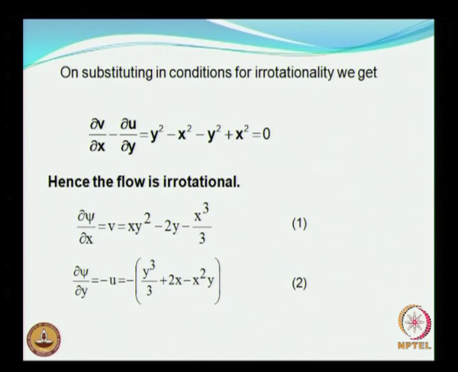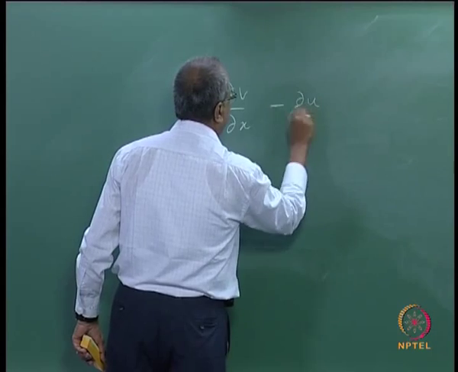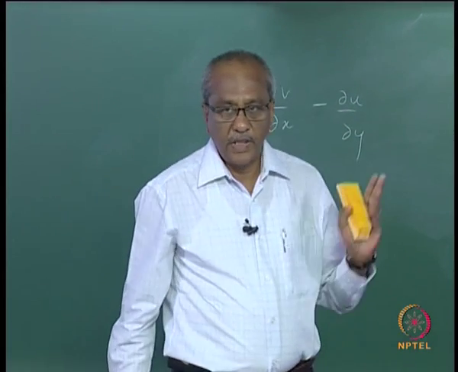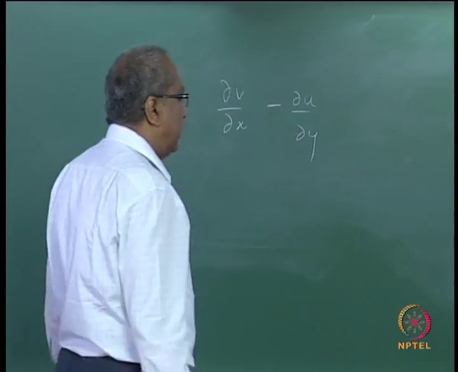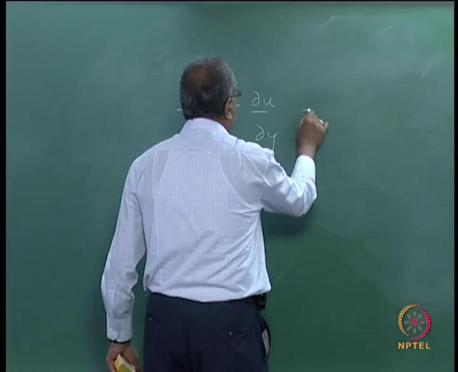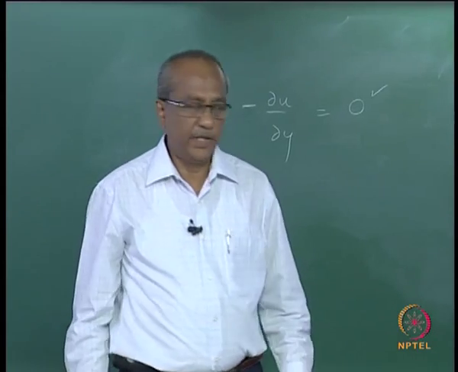Then you calculate further, you can also find out the dou v by dou x and dou u by dou y. So that is one of the conditions for irrotational flow. So once you do this you get that this is going to be 0. So that means the flow is irrotational.